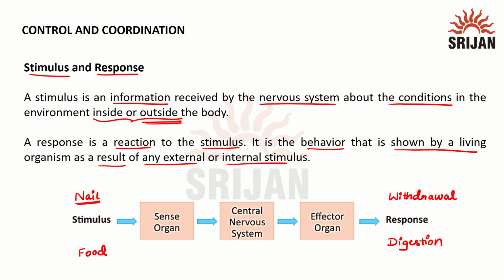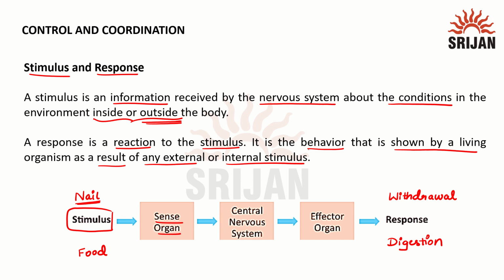And the path that the nervous system follows is, as soon as the stimulus is received, it is received by the sense organ. It can be skin, eye, mouth, nose, in the mouth especially the tongue, and so on.